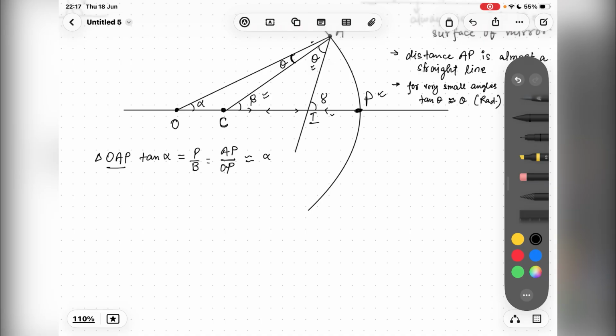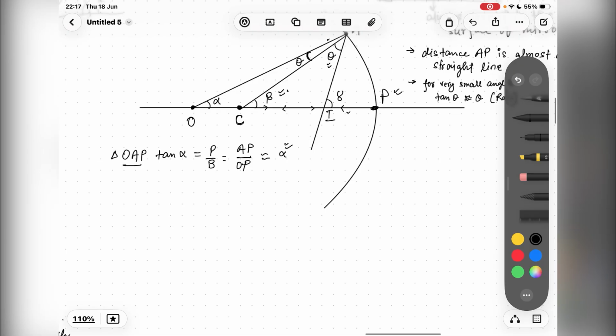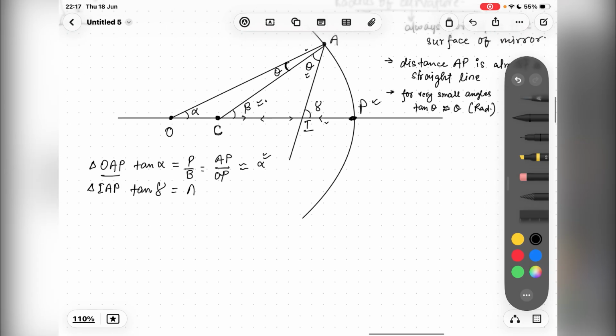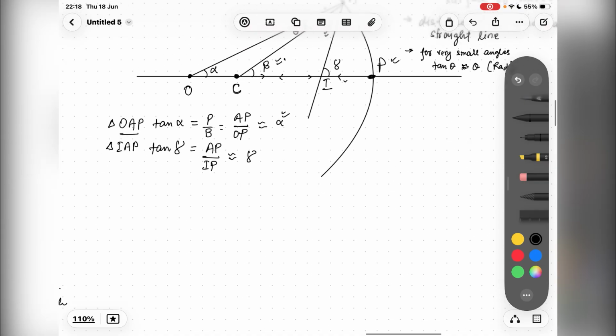We can approximate beta just like we have approximated alpha, but for beta there is a different method that I want you to understand and know. So let's leave beta. In triangle IAP, tan gamma equals AP upon IP, which is almost equal to gamma itself.